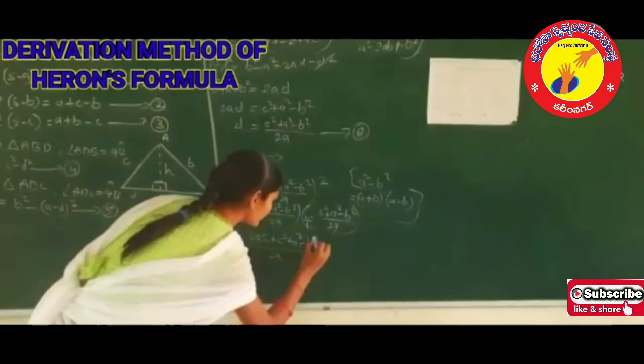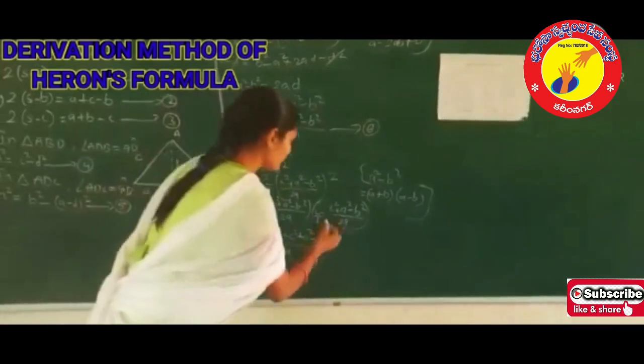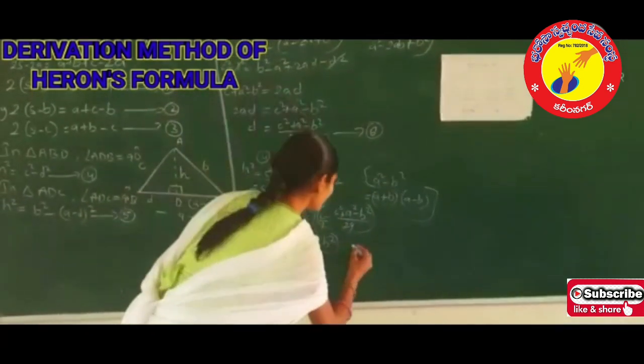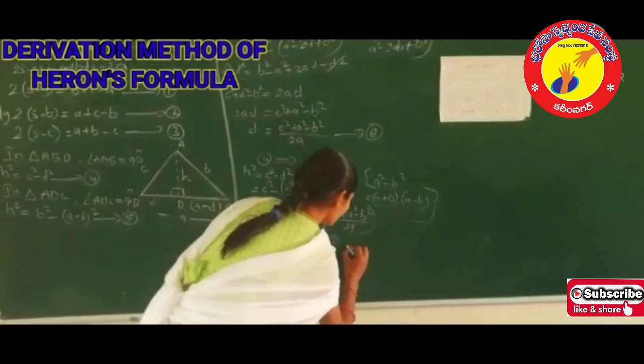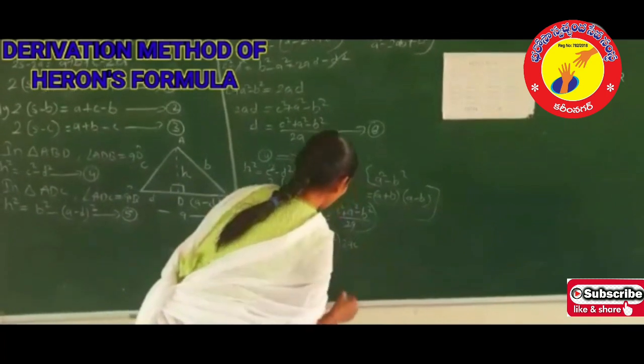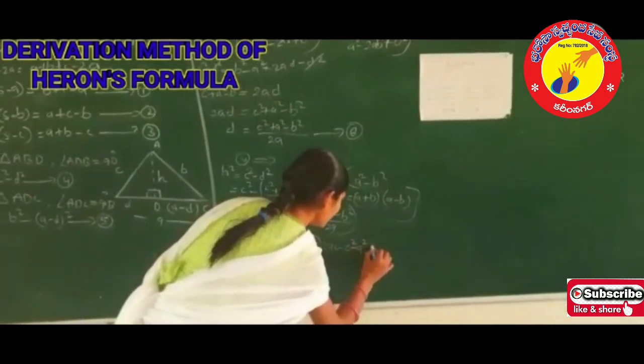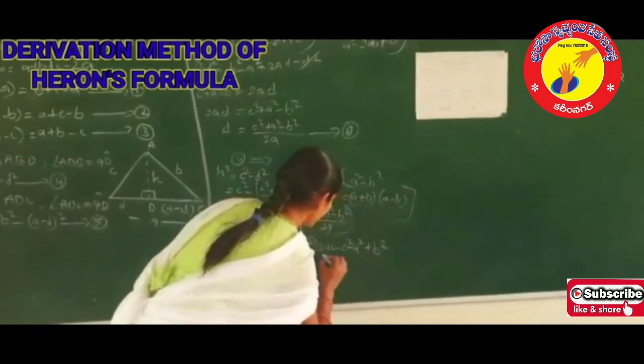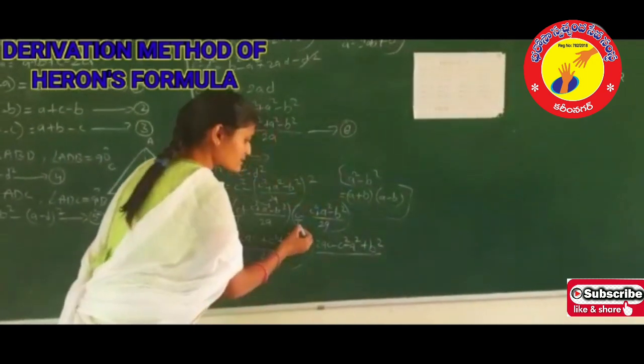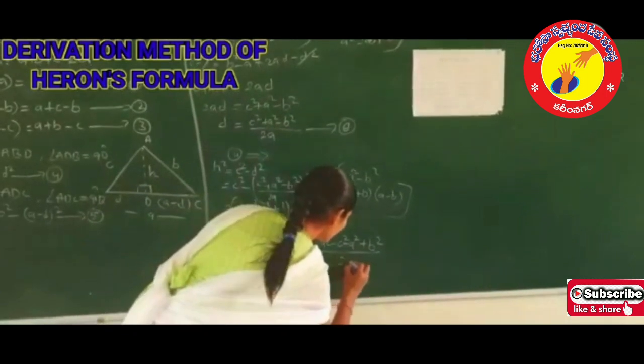Here also we use the Asabusabam mantra. We get Asa 2ac and Busa minus c square minus a square plus b square. Here Bam means 1 into 2a becomes 2a.